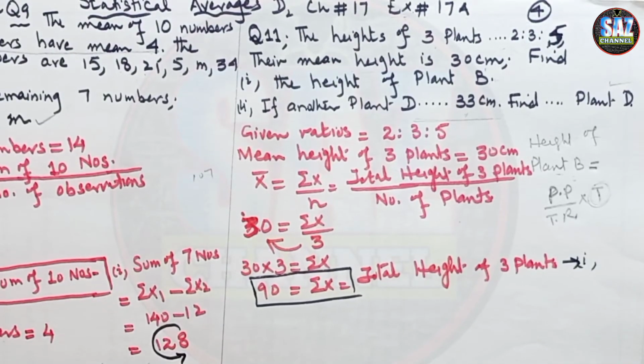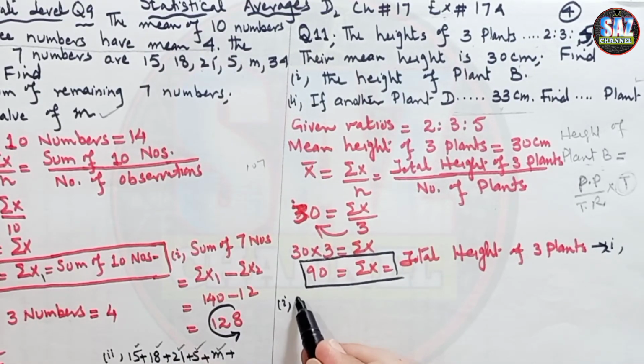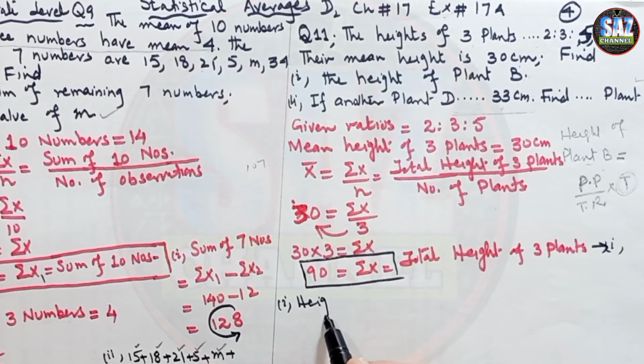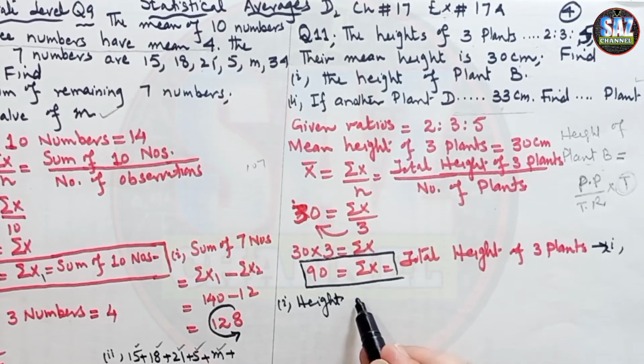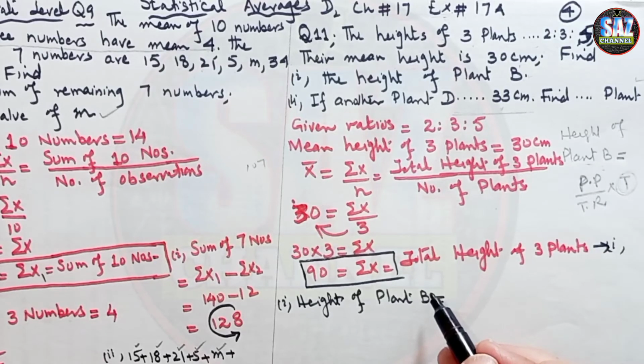Now in order to find the height of plant B, the heights are given of the plants A, B and C as 2:3:5.